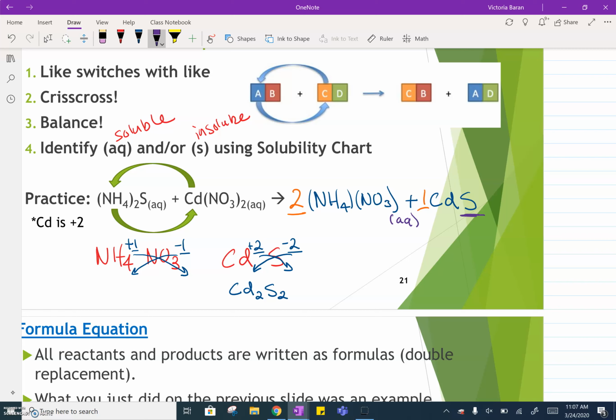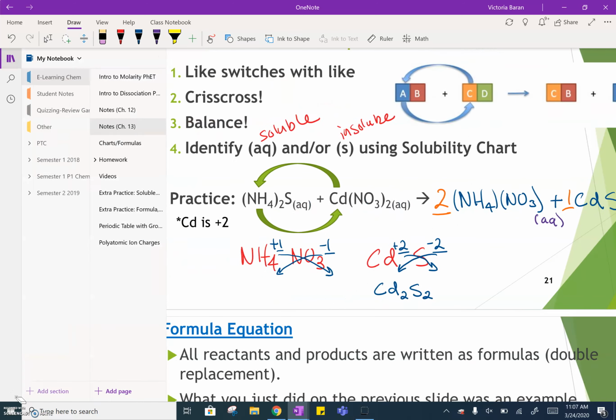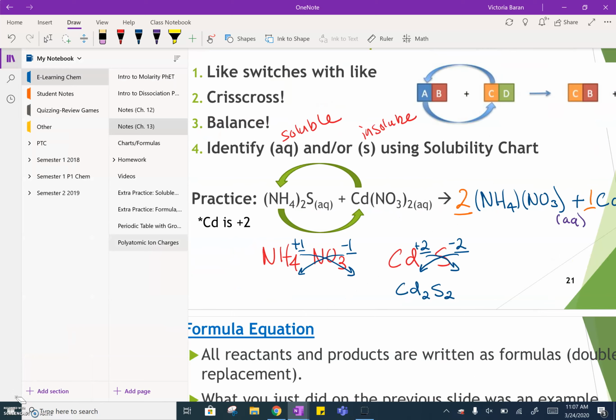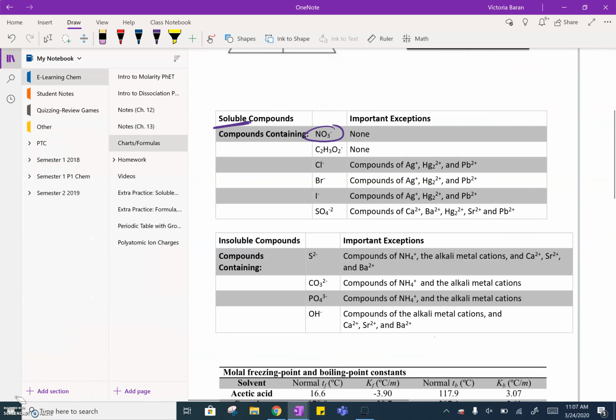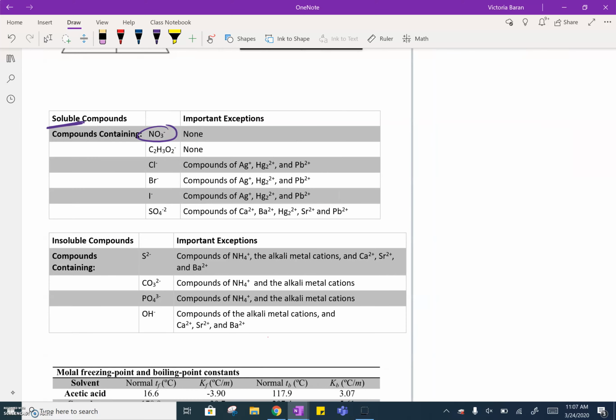For the next one, we're going to find sulfur, okay? So let's go to the chart. So we're going to find sulfur, again, in this section. So I found sulfur, and I'm going to double check to make sure that the Cd, because remember, it's CdS that we're looking at, is not listed as an exception, okay?